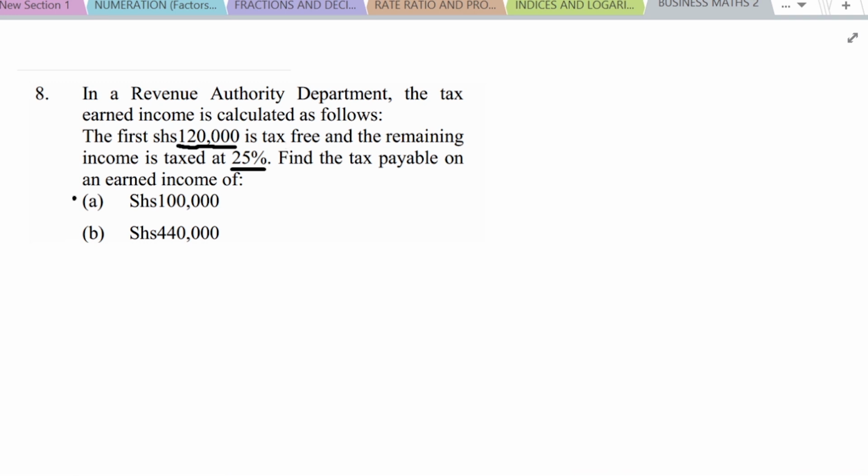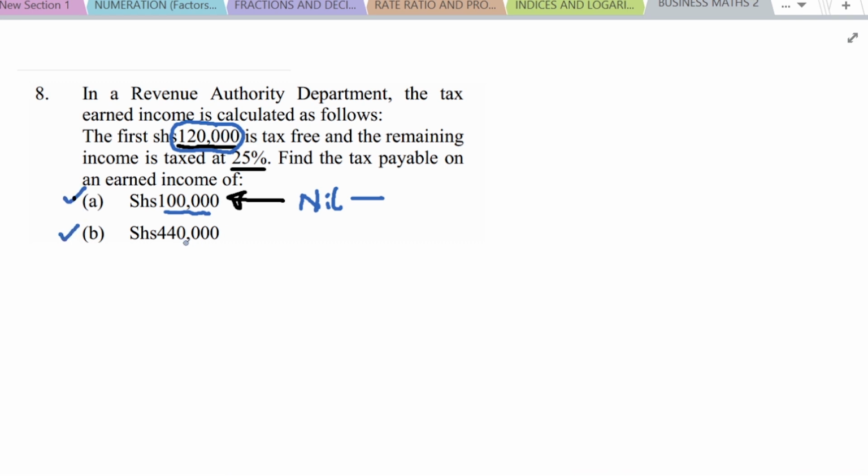So meaning that for part A, if I am making 100,000 as my income, 100,000 is less than the 120,000. Remember, 120,000 is the threshold I need to hit before I'm taxed. So since 100,000 is still below the threshold, then the tax payable here is nil. In other words, there is no tax payable here for part A.